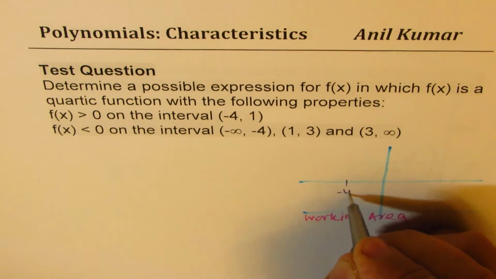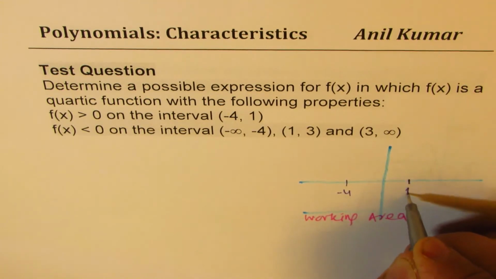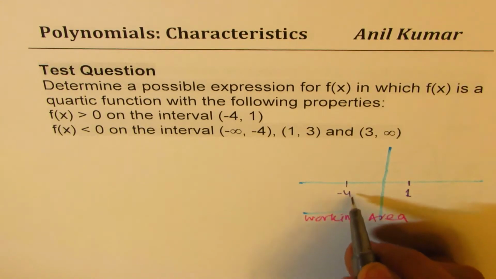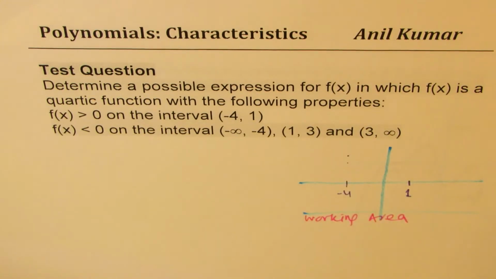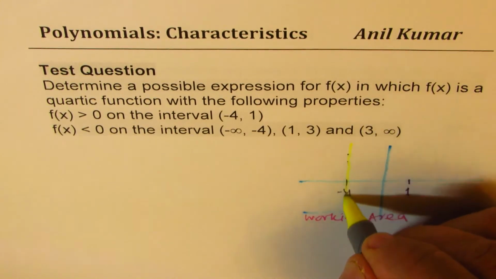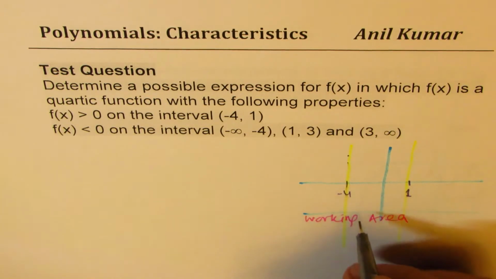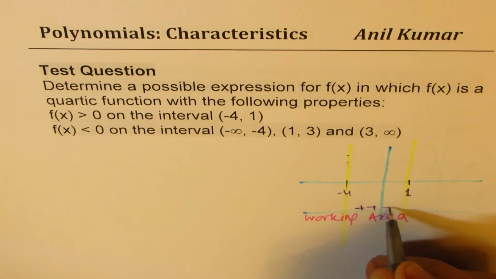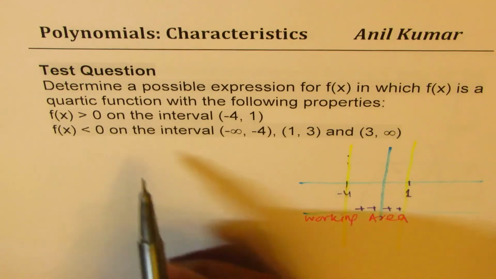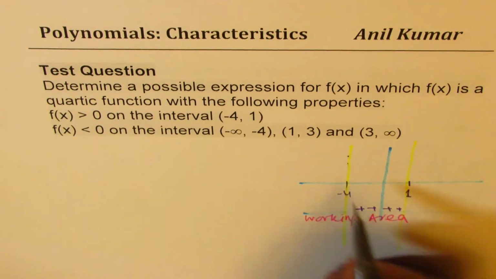Let's say this is minus 4 and this is 1. So it is positive here. I don't want to really mess it up, but I want you to understand. In this area, the function given to us is positive, so we're talking about positive values. Do you see that? And then in the other areas, it is negative.